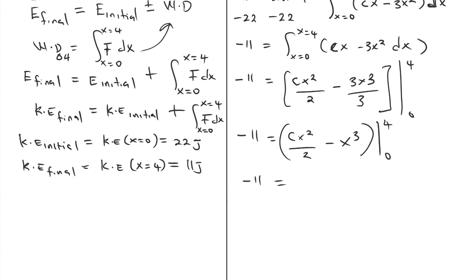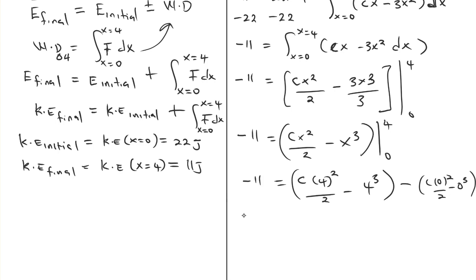So we'll just go ahead and substitute just the 4. So we have c times 4 squared over 2 here minus 4 to the third. And like I said, if you substitute 0 in here, you have c times 0 squared over 2 minus 0 to the third.